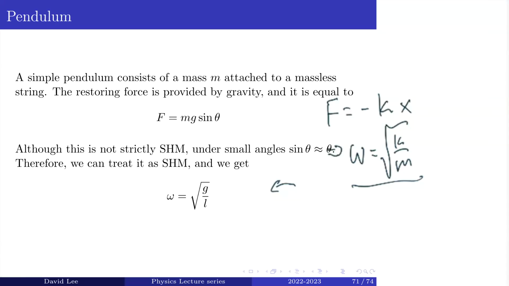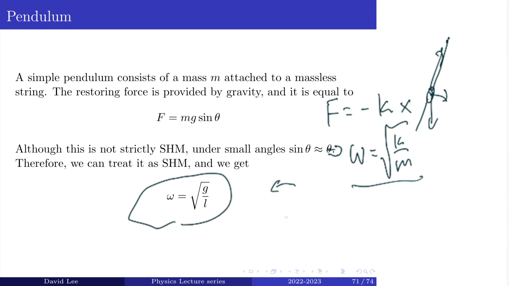And for pendulums, you can work this out with a force diagram if you want, but it turns out the net force will be mg sine theta. And then from there, you can work out what the angular frequency of a pendulum is.